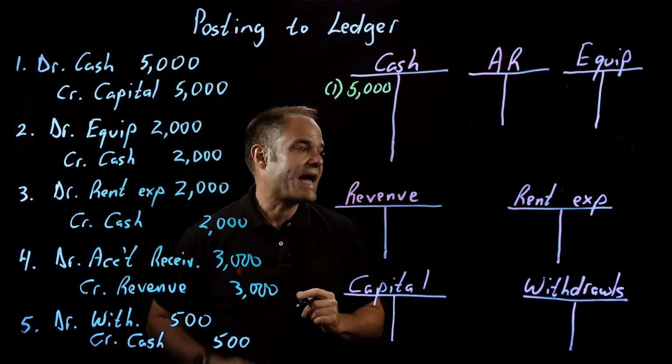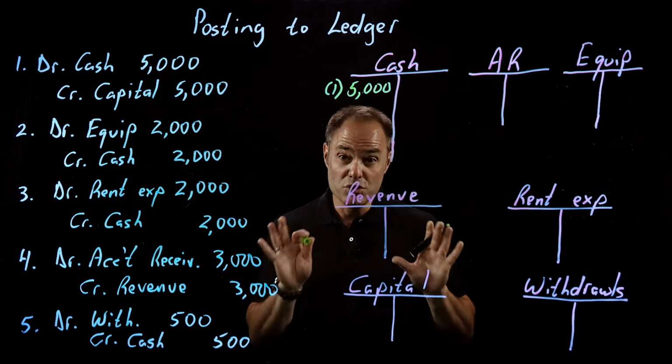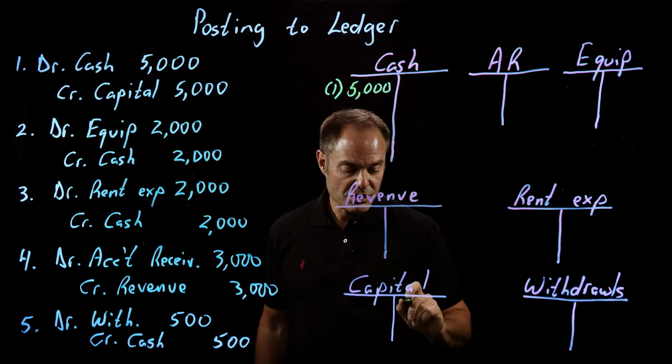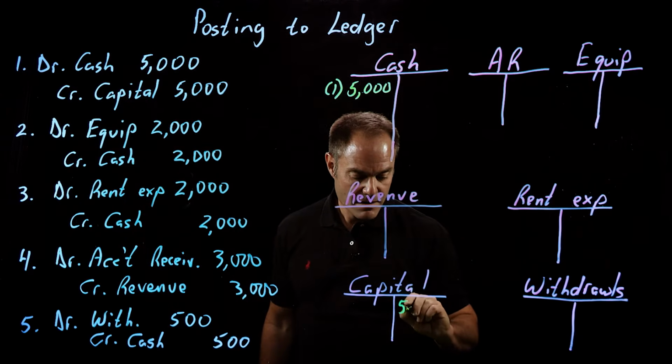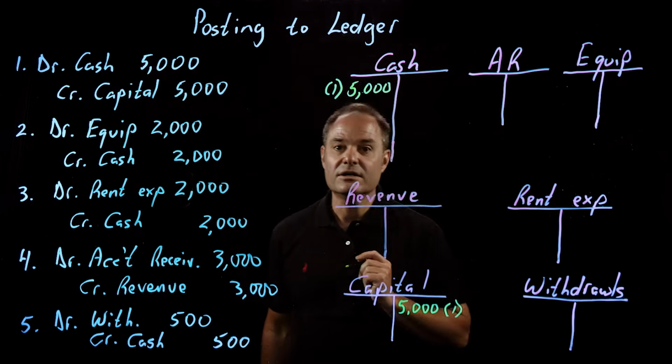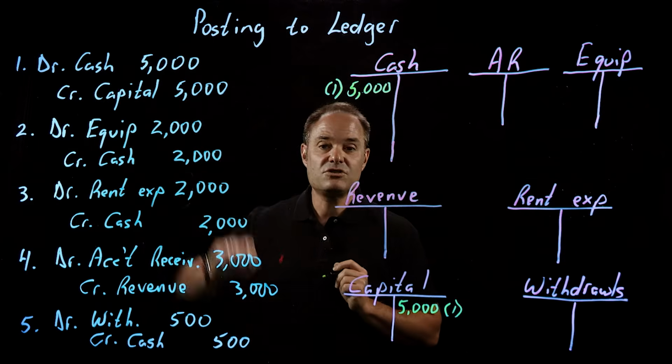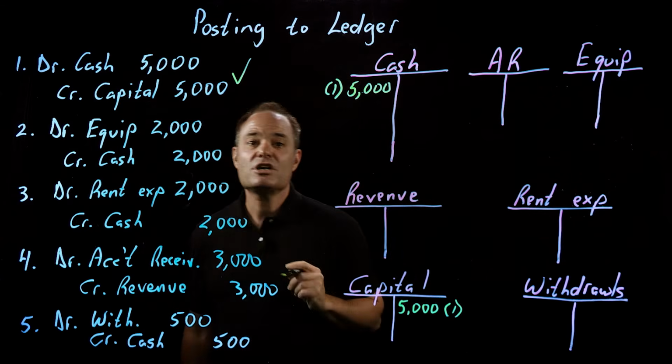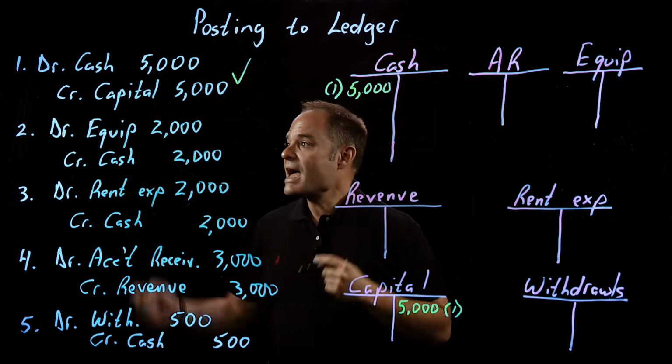Then we have a credit to capital of 5,000, so we have to be really careful. Credit is on the right-hand side, 5,000. And again, I'll put a little 1 there, just to note that it's transaction number 1. And then I check it off to show that I've done it. And we just keep doing that.